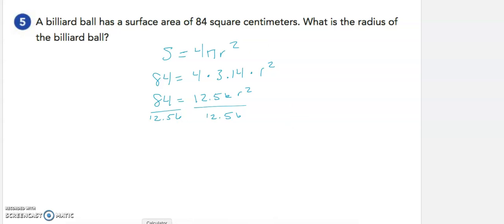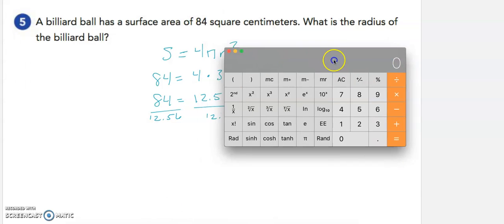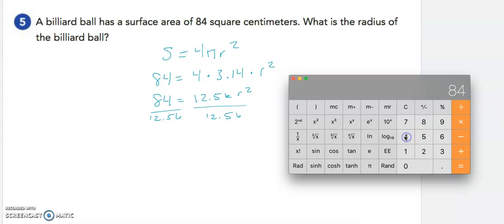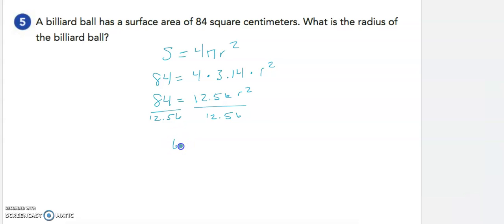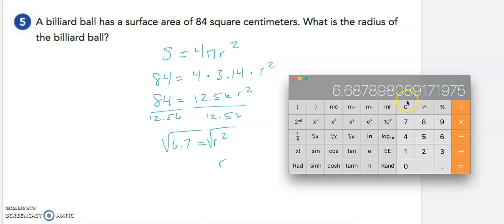We're left with 84 divided by 12.56. That gives us 6.7. So 6.7 equals r squared. The square root of r squared is r, so let's find the square root of 6.7.